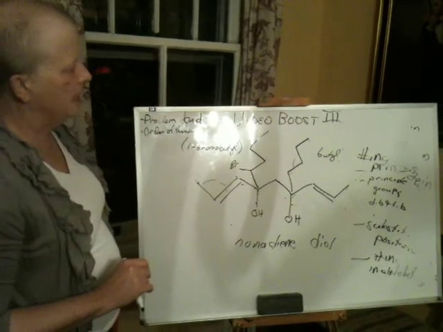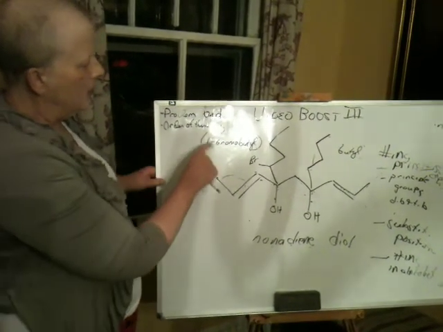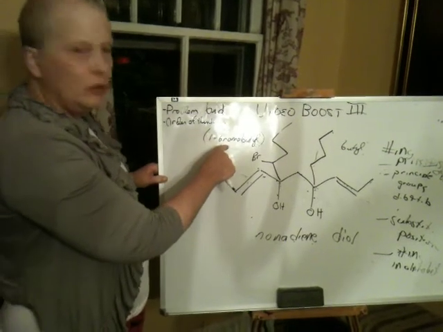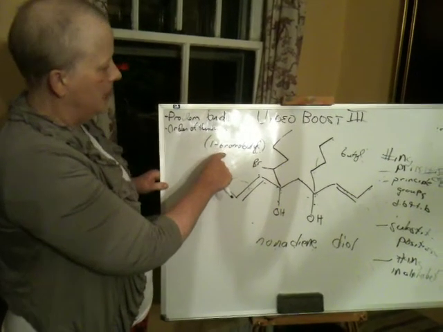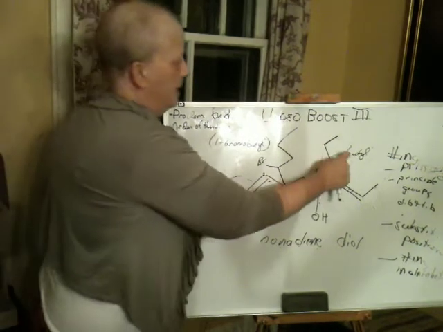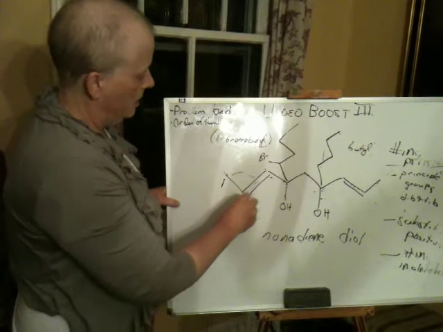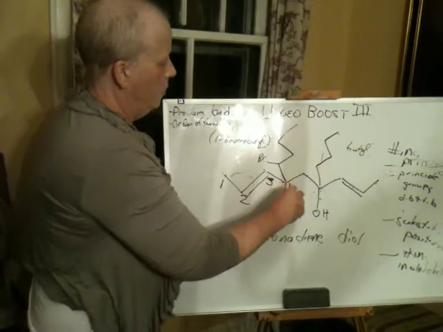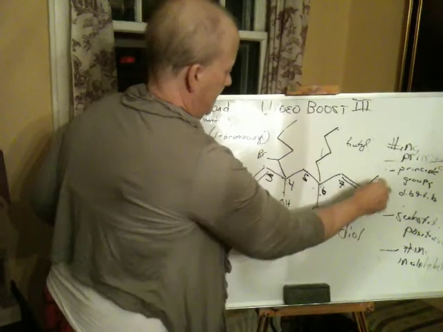So in this case, what would come first in the name? I would number it so that the bromobutyl receives the lowest number, because BR comes ahead of BU, and it's simply that. So I would number 1, 2, 3, 4, 5, 6, 7, 8, 9.